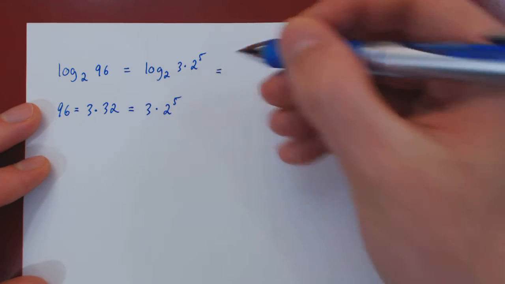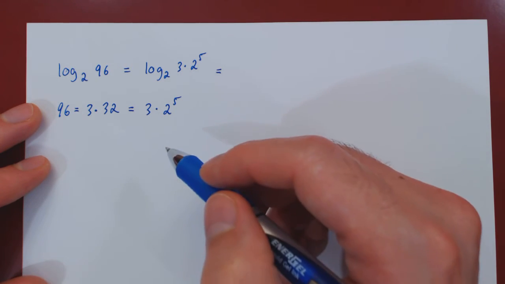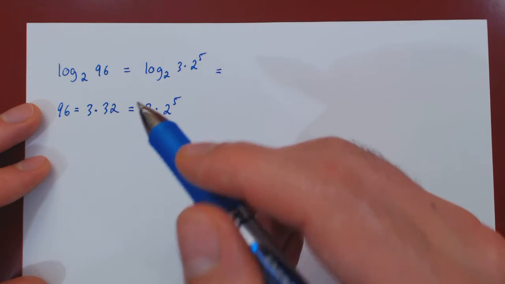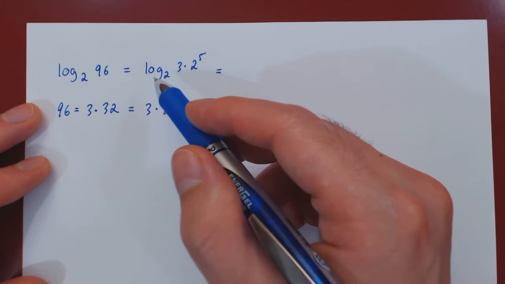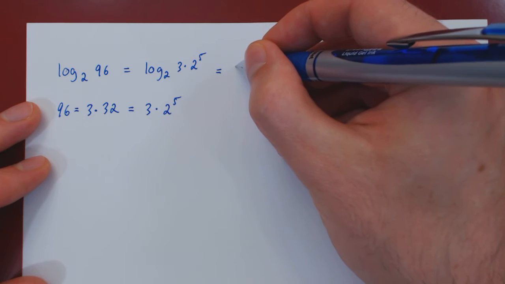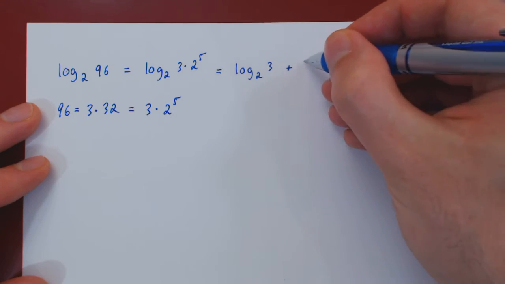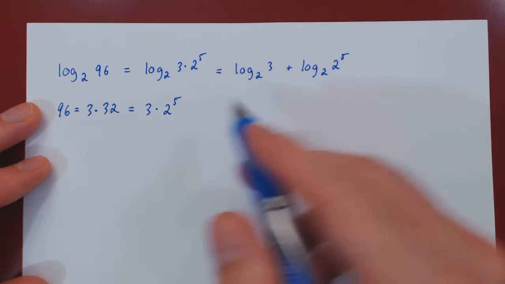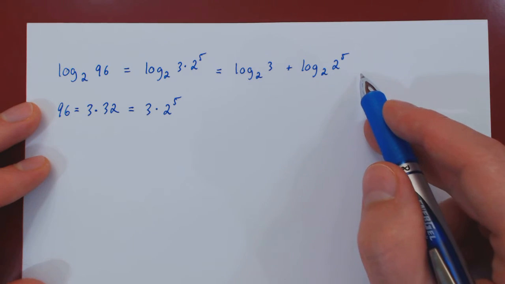But before we cancel the log base 2 with the exponential function base 2, we can use another property of logarithms, which is that the log of a product is the sum of the individual logarithms. So the log of a times b is the log of a plus the log of b.